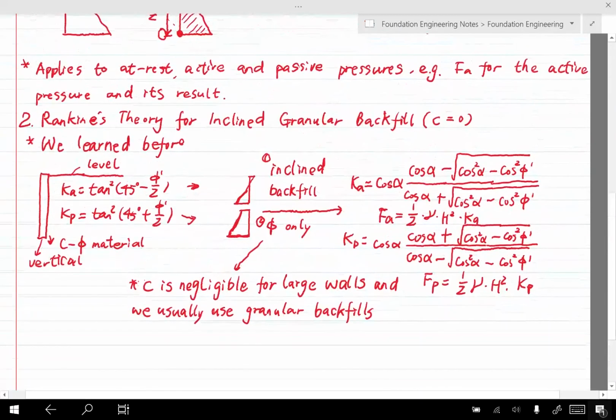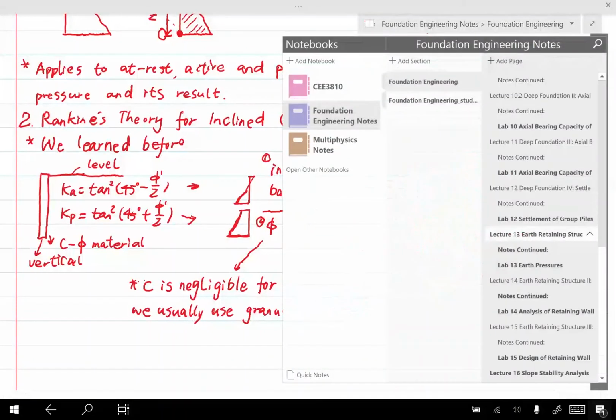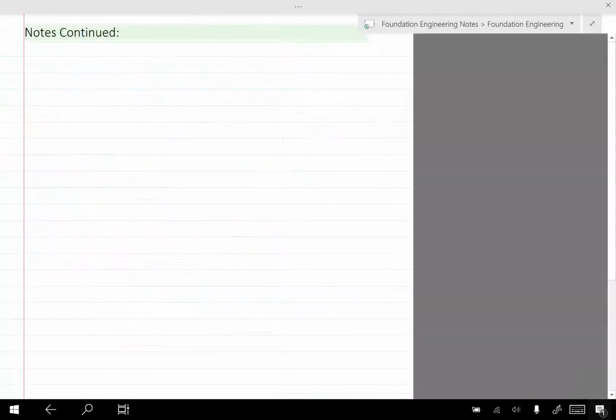Next, let's take a look at the Coulomb's theory. Let's use a new page.